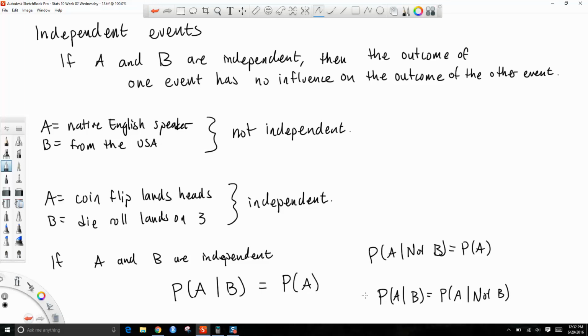If you know that two events are independent, could they be mutually exclusive? Yes, no, maybe. If we know two events are independent, could they also be mutually exclusive?